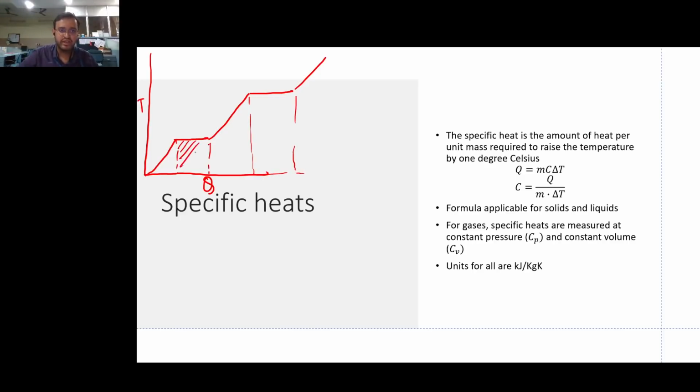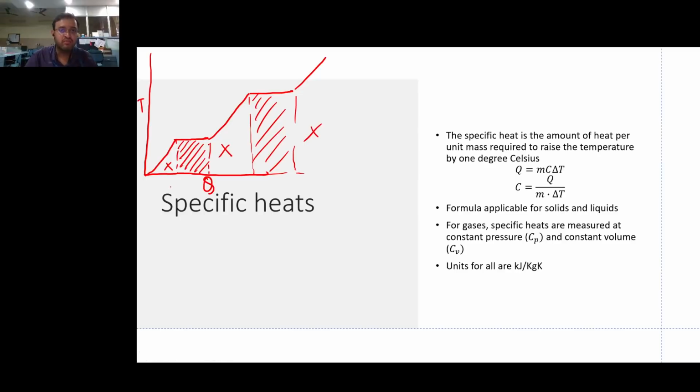This part is your latent heat, and this part here is again latent heat, and here, the three x's, is where your sensible heating is taking place, wherein when you add heat the temperature rises.